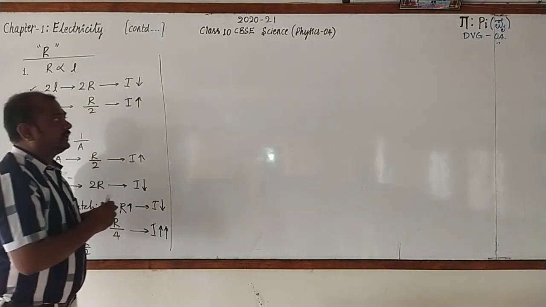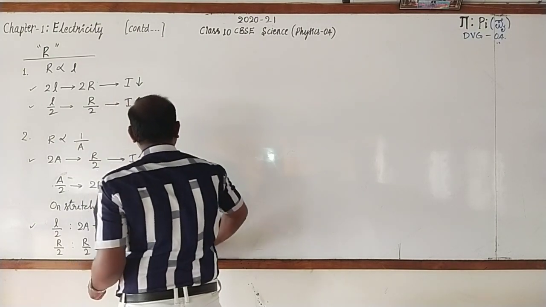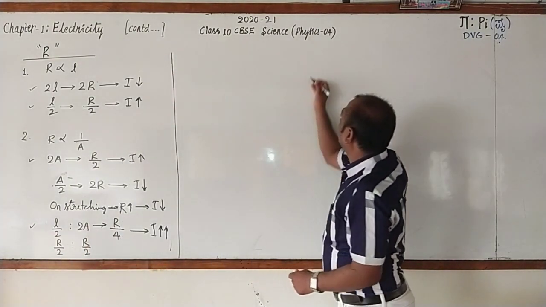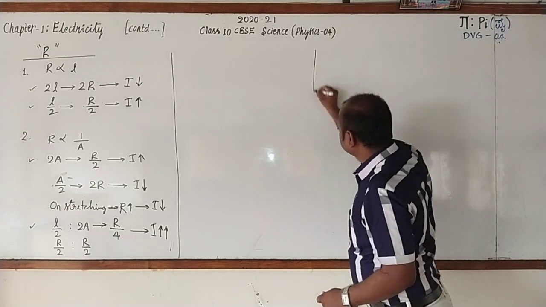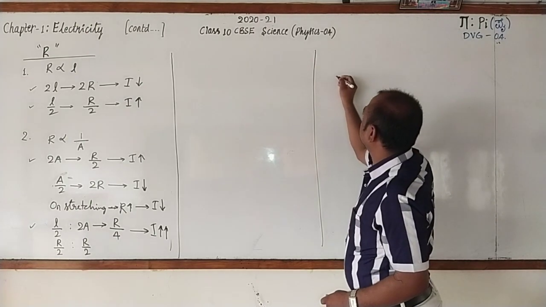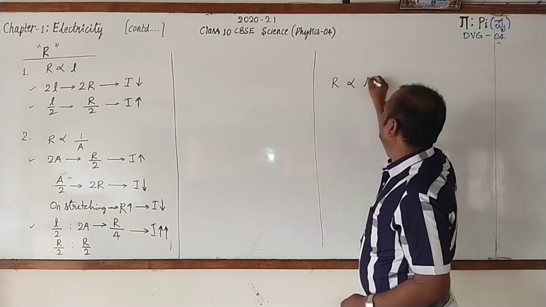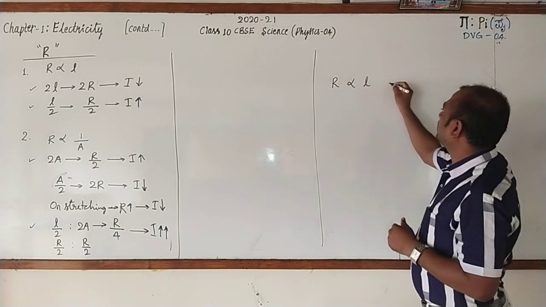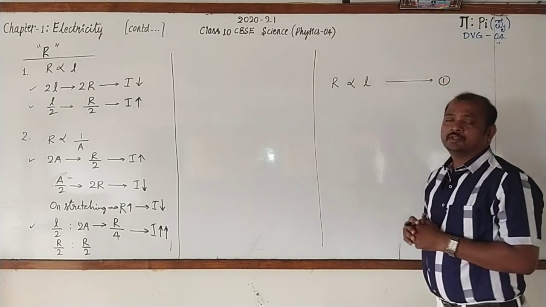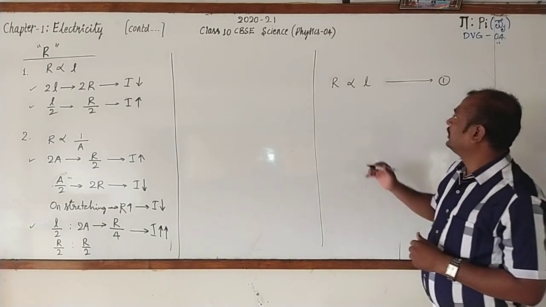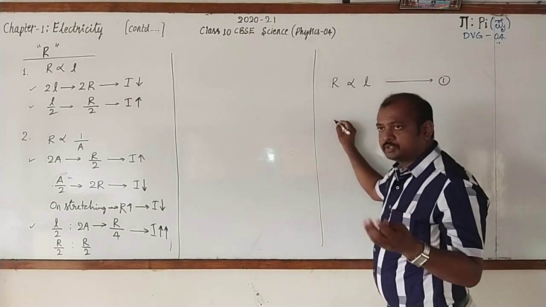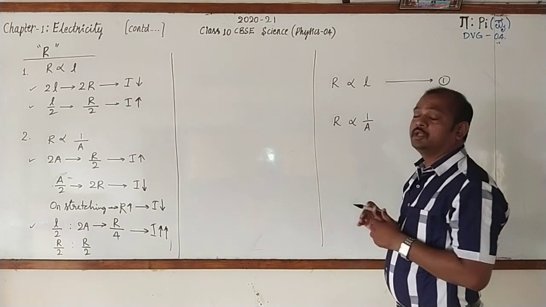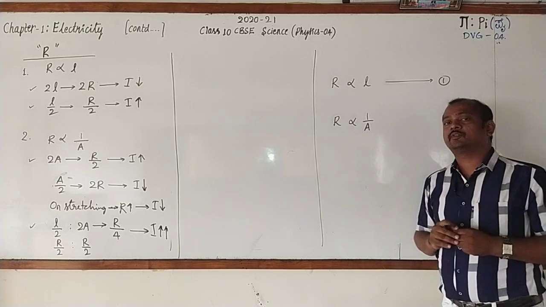Next one, another, we all know that experimentally we have come to know that electric resistance is directly proportional to length. Correct? You may call this as statement 1. Then we also know that electric resistance is inversely proportional to area of cross section of the conductor.